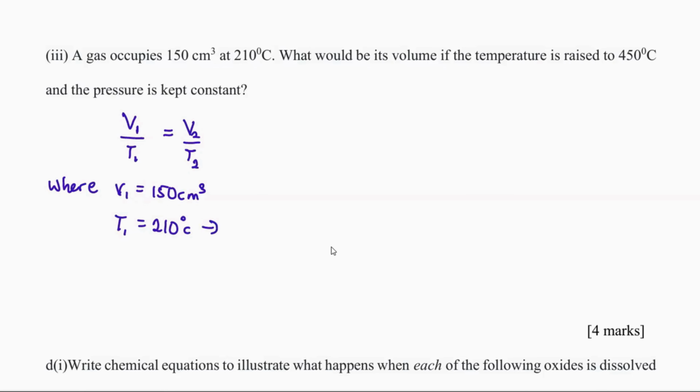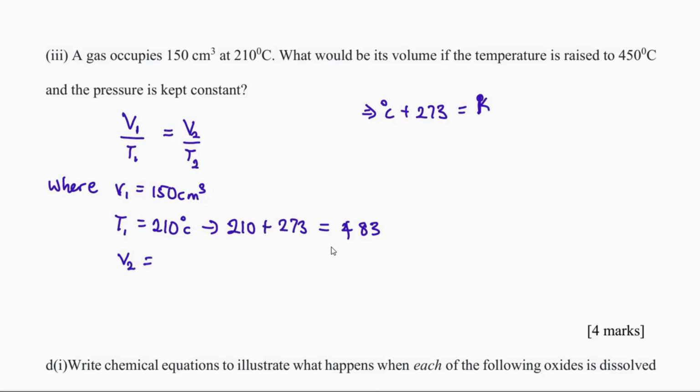So for us to make it Kelvin, we add 273. The conversion from Celsius to Kelvin is degrees Celsius plus 273 equals Kelvin. So this is 210 plus 273, which gives us 483.